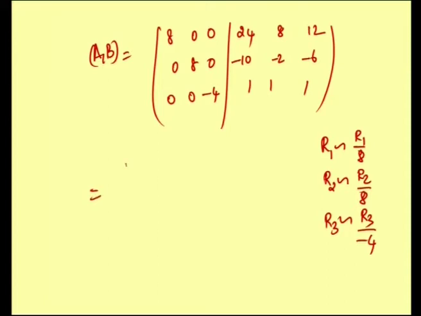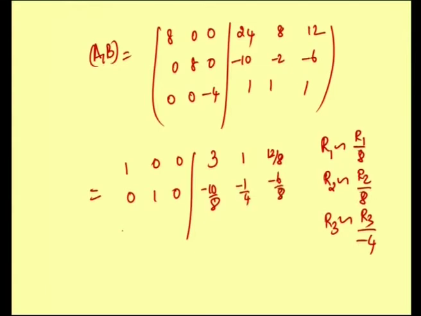So, this becomes 1, 0, 0, 3, 1, 12 by 8, and 0, 1, 0, minus 10 by 8, minus 1 by 4, minus 6 by 8. Okay. And then this becomes 0, 0, 1, you have to divide it by minus 4. So, minus 1 by 4, minus 1 by 4, minus 1 by 4.